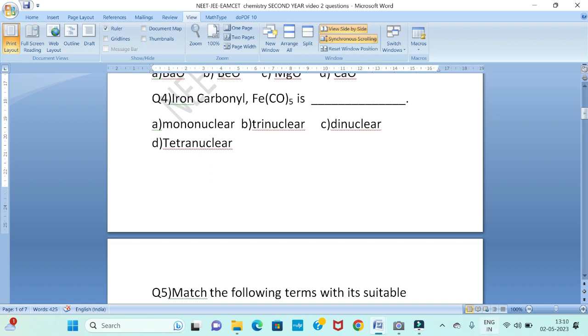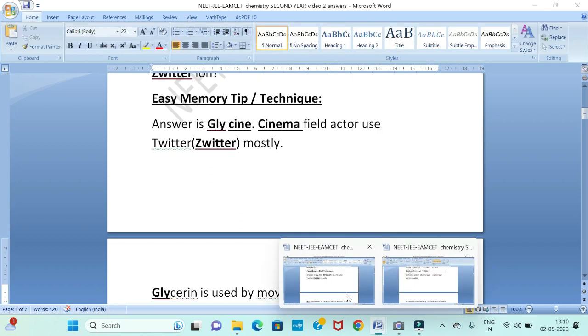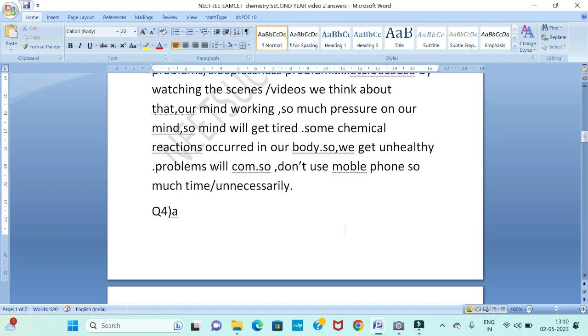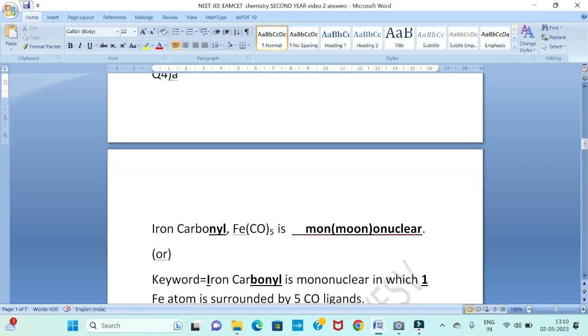So see the easy memory tip and technique. Iron carbonyl is mononuclear. Here, carbonyl: Neel means water in Telugu. So man is launching some rockets into space, to the moon, for finding water.